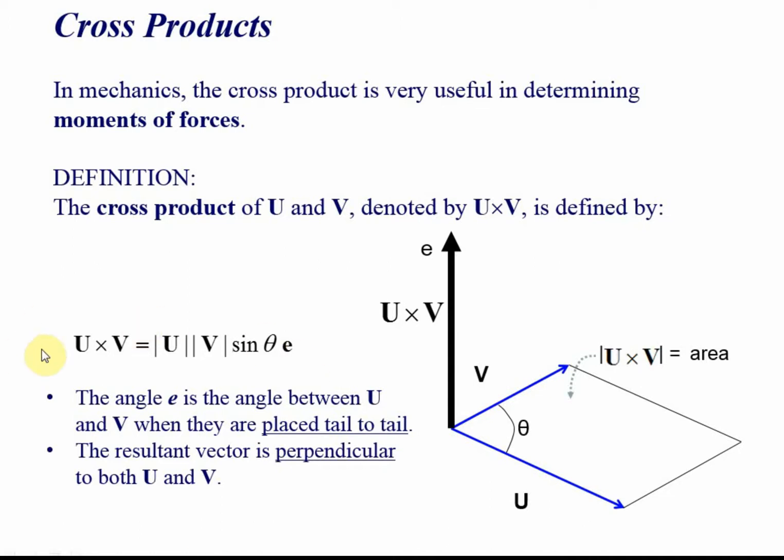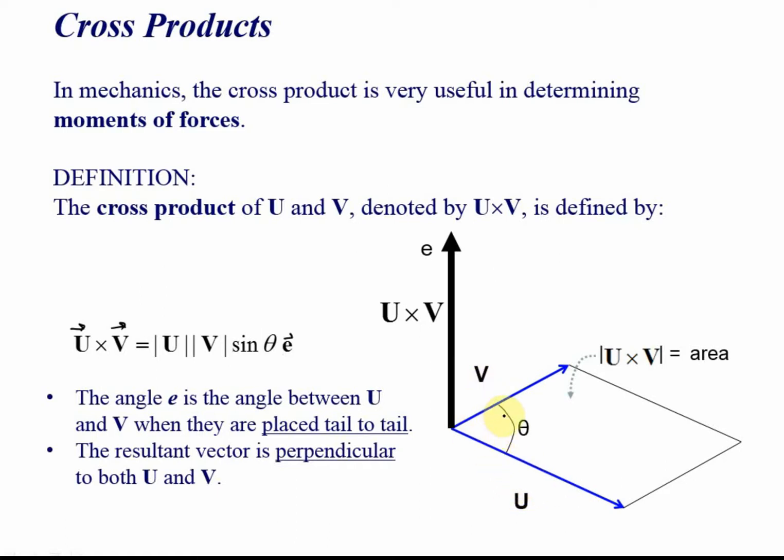By definition, the cross product of the u and v vectors is equal to the product of the magnitudes of the two vectors and the sine of the angle theta between u and v, and then this is another vector perpendicular to the plane that consists of the v and u vectors.